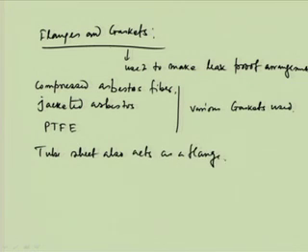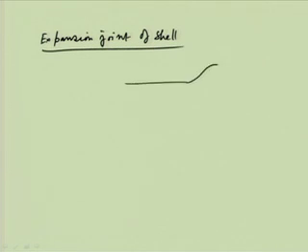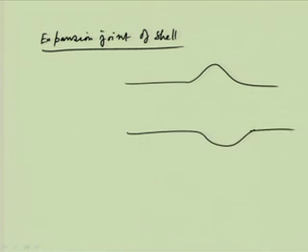Now, let us come to another important point, that is the expansion joint of the shell. We have a shell, and a shell can have a joint of this kind. These are expansion joints.